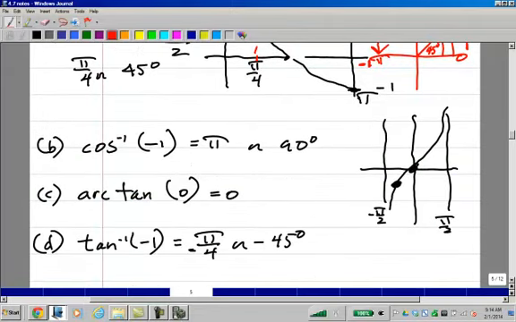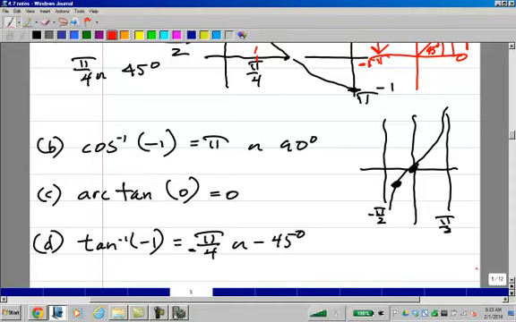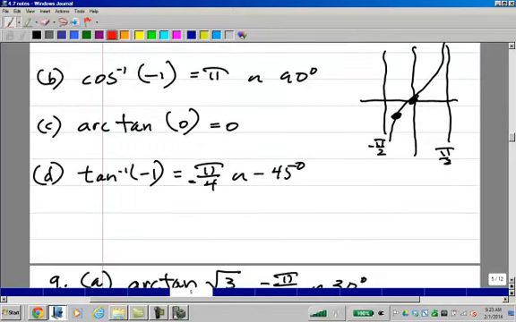Okay, the inverse cosine of negative 1. Now, again, let's draw ourselves a little circle here. And this is the unit circle, and we're only considering from 0 to pi, so right here.